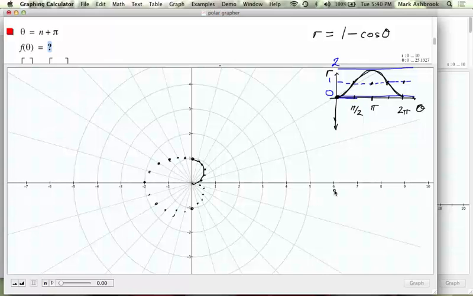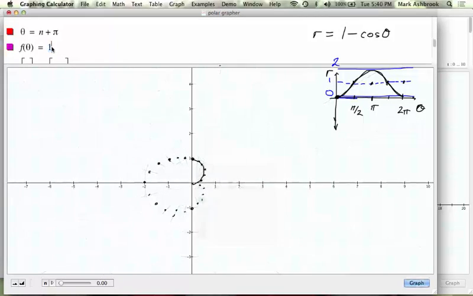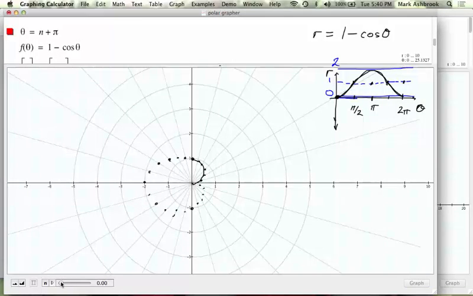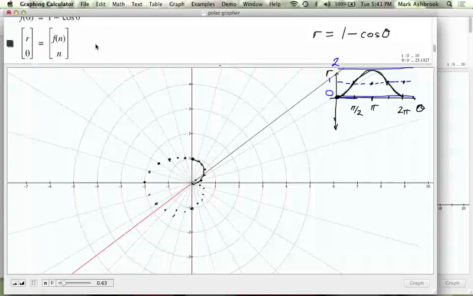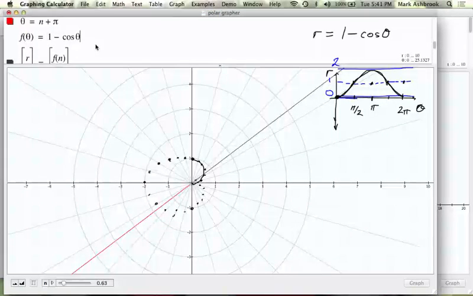So let's have the computer do it. 1 minus cosine theta. Here it goes, watch. So we're graphing it in blue.